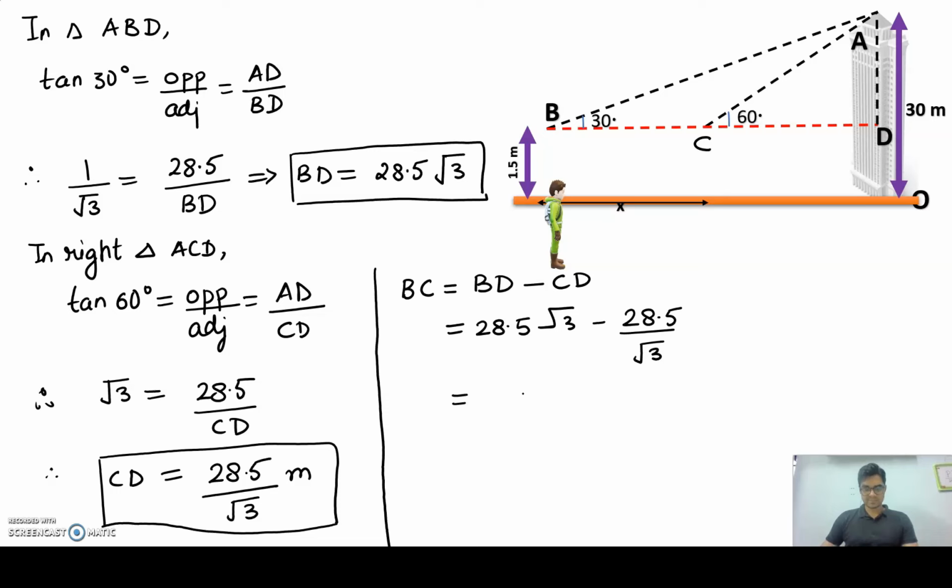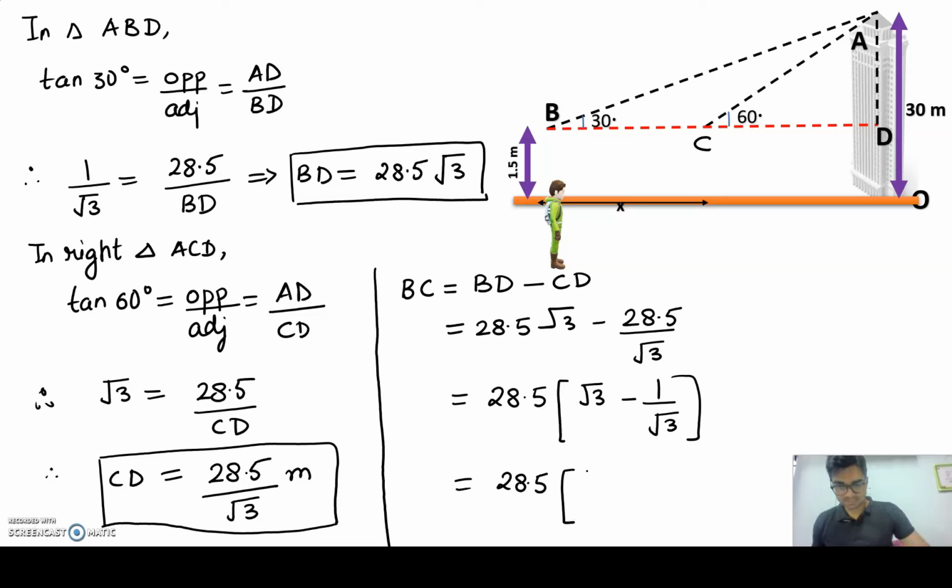So this will be 28.5, I'm taking 28.5 as common. So this is root 3 minus 1 upon root 3. This will be 28.5, and we can write down directly now, root 3 into root 3 will be 3. 3 minus 1 is 2. So this is 2 upon root 3.